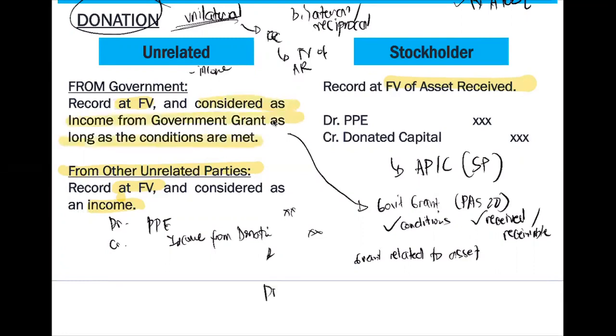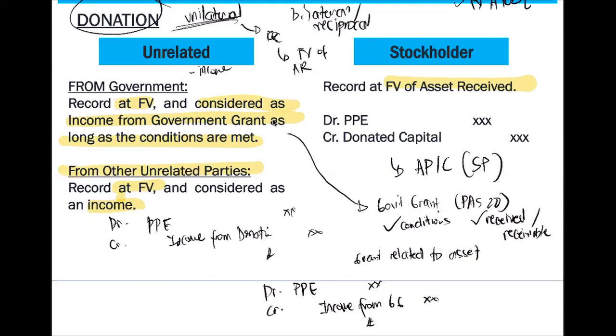So ang entry mo dapat ay debit, property, plant, and equipment, credit, income from government grant. Okay? Income from government grant. So pwedeng ganyan yung entry mo. Okay? Debit PPE, credit income from government grant.